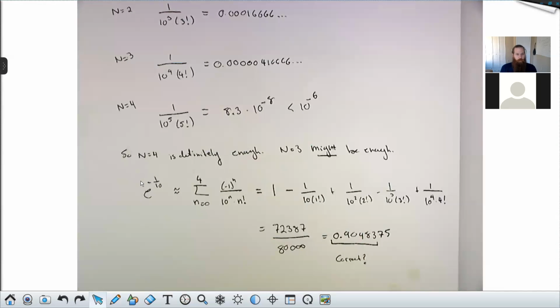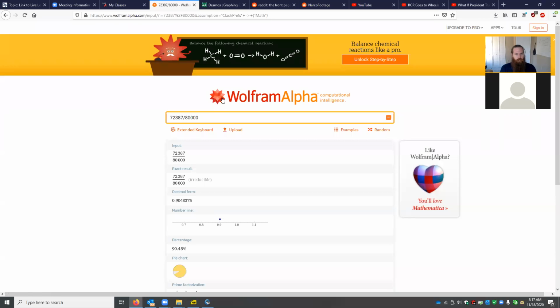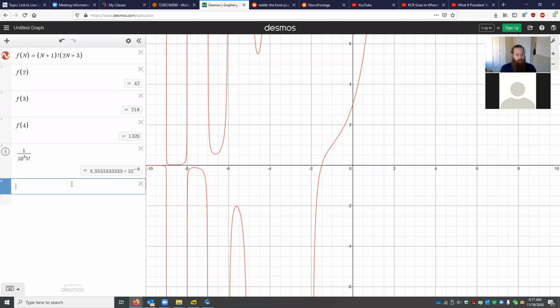We can ask Wolfram or Desmos or whatever for the exact value of e to the negative 1/10. Getting e to the negative 1/10 from Desmos is equal to 0.9048374, and so on.